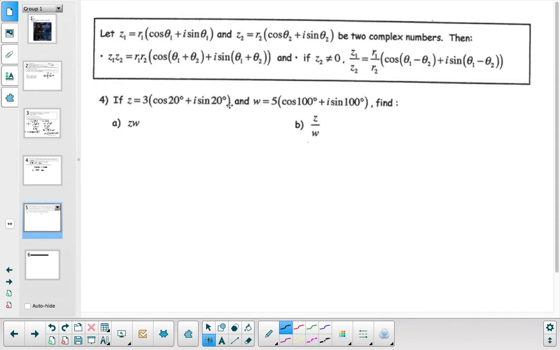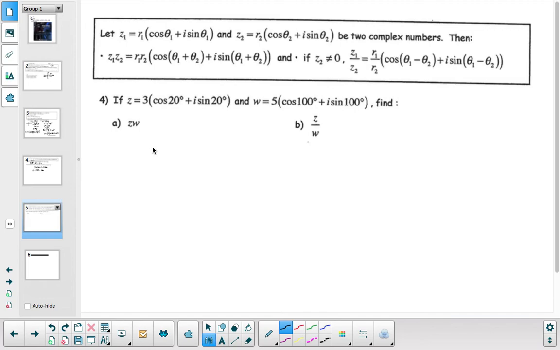If I wanted to multiply or divide these in rectangular form, you have to FOIL. We didn't do this part, but if you have to divide it, it's gross. You don't want to do it. That being said, we can easily do this in polar form. So one application of this is just to be able to do multiplication and division faster. It doesn't make it faster if you have to convert it and then out. Maybe with the division, but not with the multiplication.